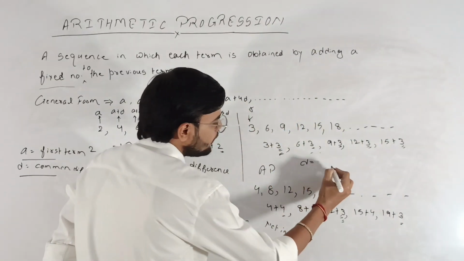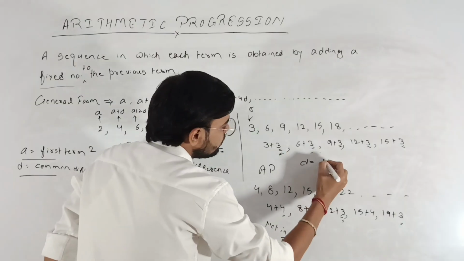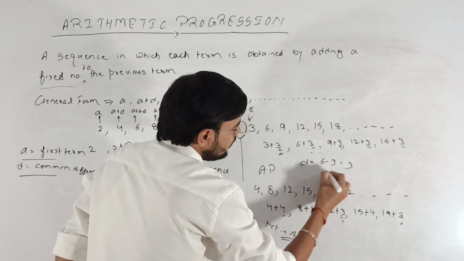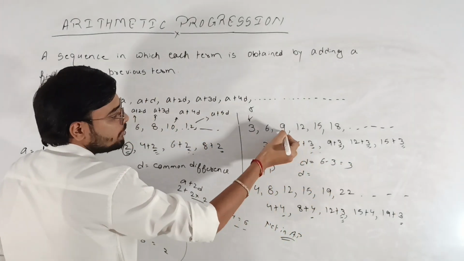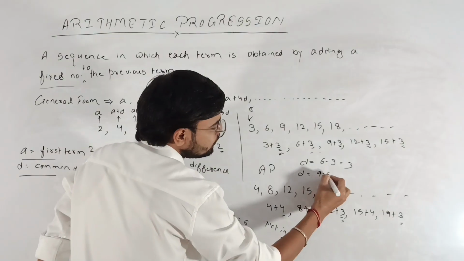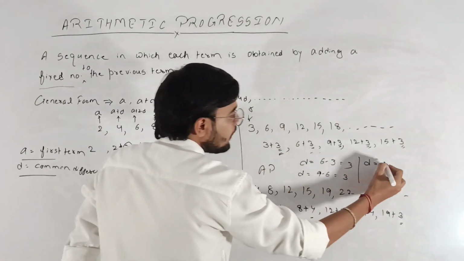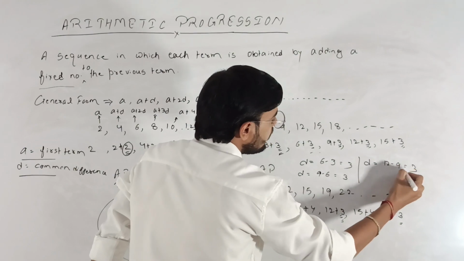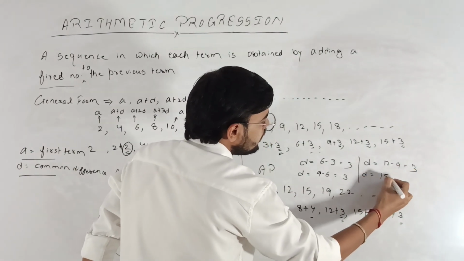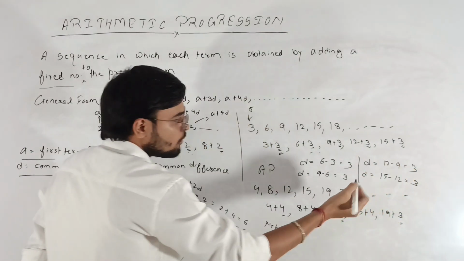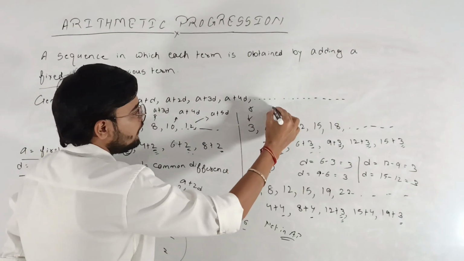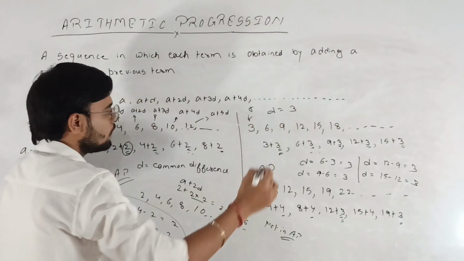We subtract the first from the second: 6 minus 3, that is 3. 9 minus 6, that is 3. 12 minus 9, again 3. Also 15 minus 12, again 3. So for this AP, A is 3 and D is 3.